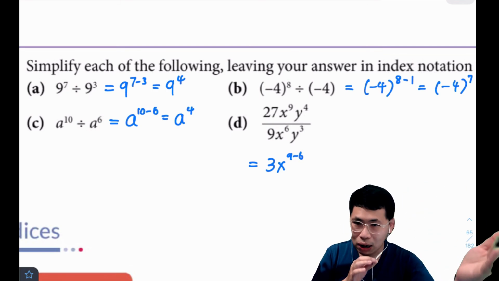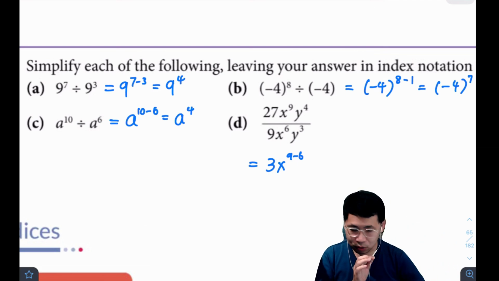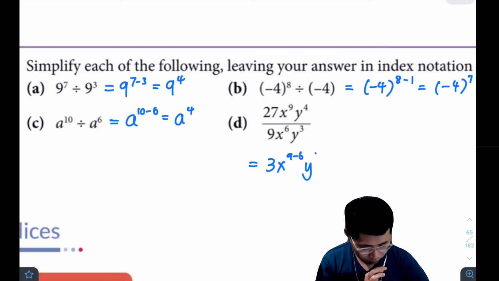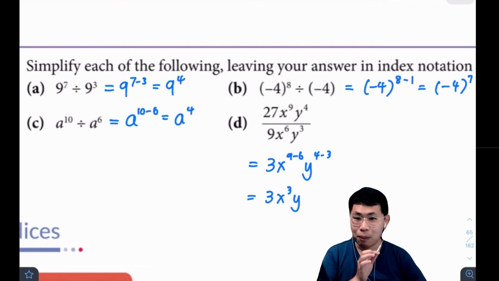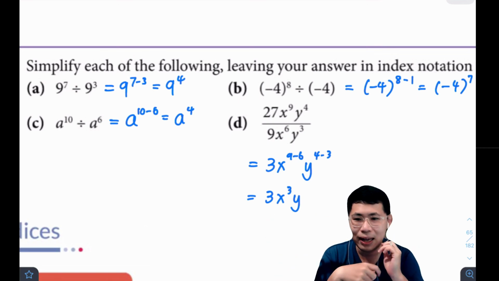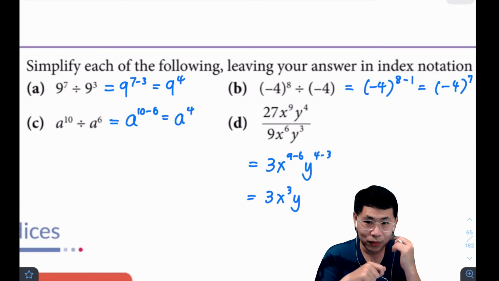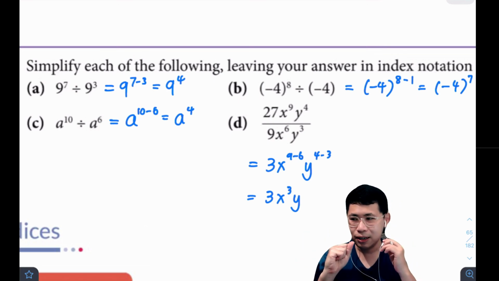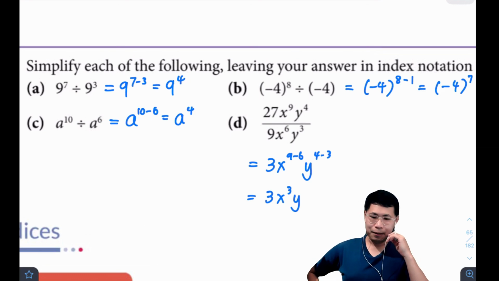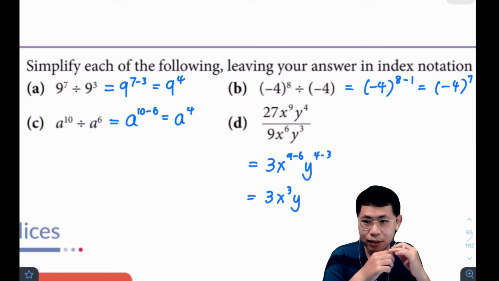Then on top we have y power 4, below we have y power 3. So we have y to the power of 4 minus 3. So let us simplify the powers. 3x to the power of 3 and y to the power of 1. So we just don't put the 1 there, it's understood. So this is our difference, the law 2, the dividing one.